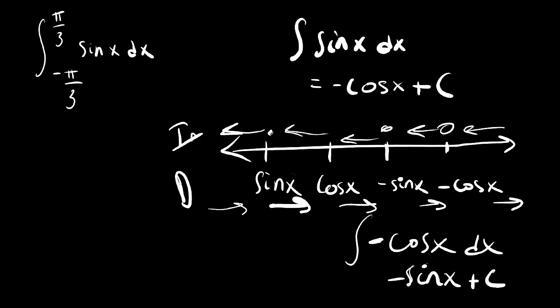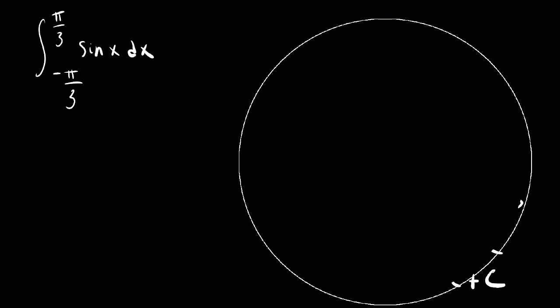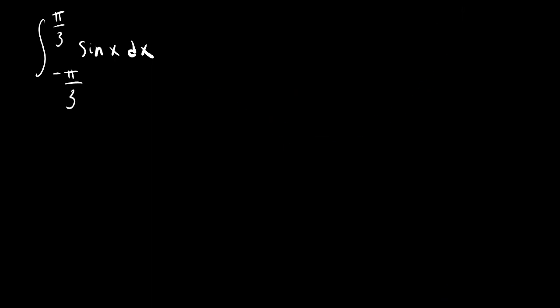So now let's get to the actual thing. Okay, so we have sine x dx right over here, from negative pi by 3 to pi by 3. So we already know that this will be negative cosine x. We don't add the plus c because we do have bounds.